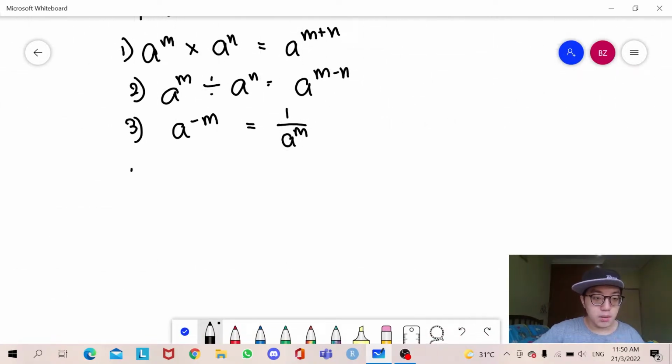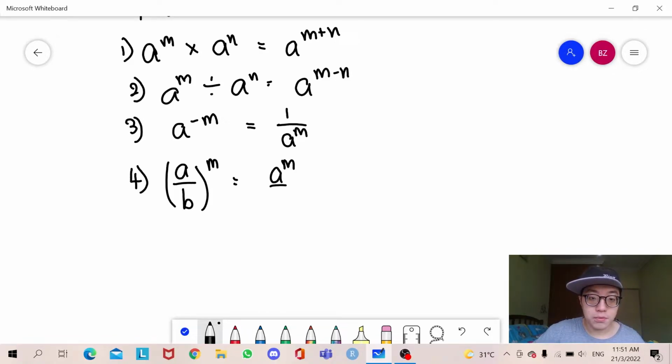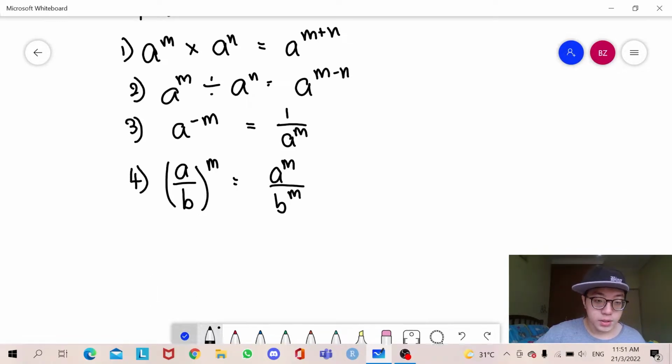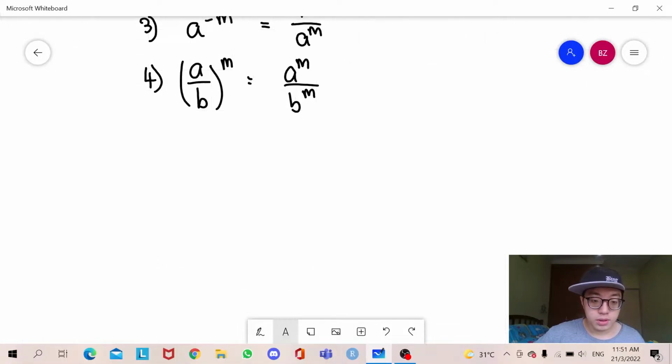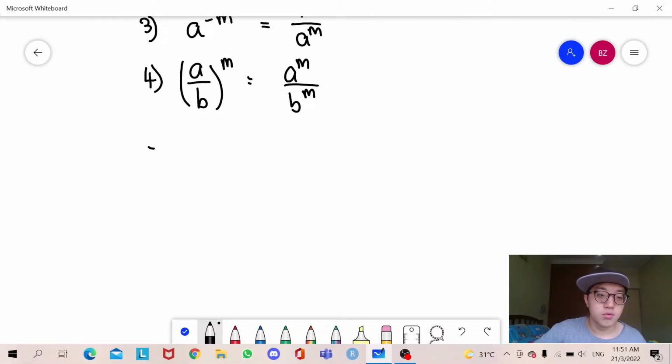Next we're going to look at fractions. a over b to the power of m is equivalent to a to the power of m divided by b to the power of m. These are just things that you need to remember because the rules are as so.